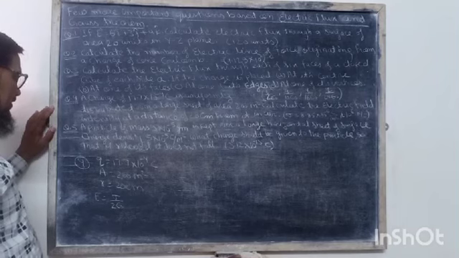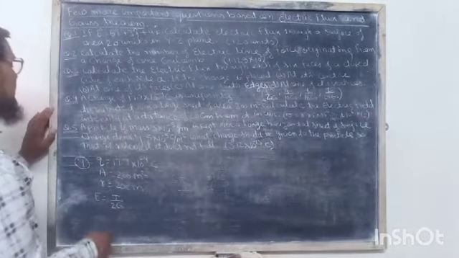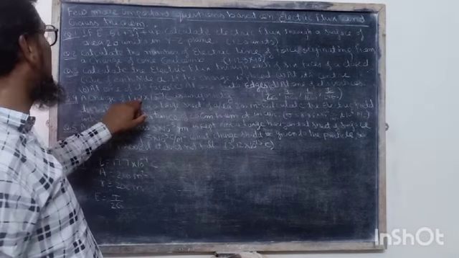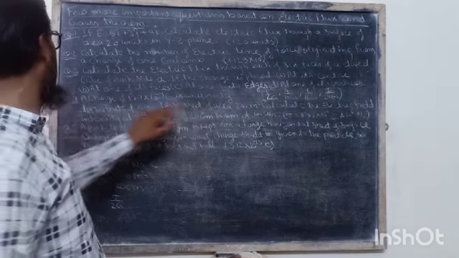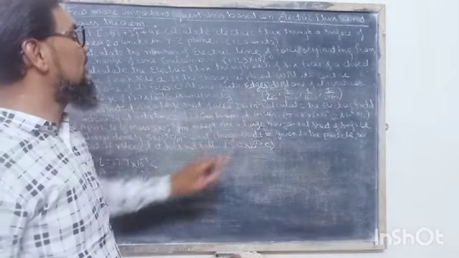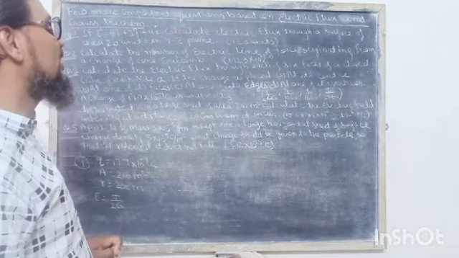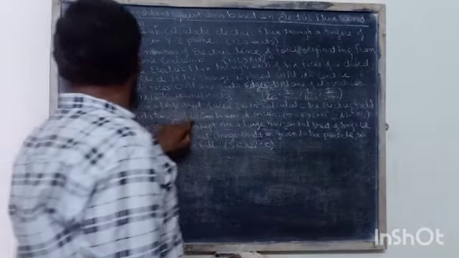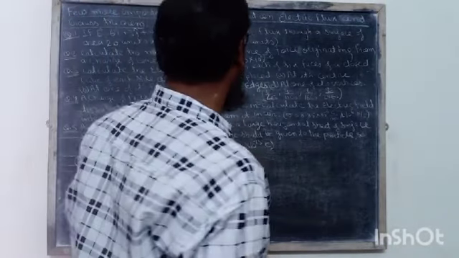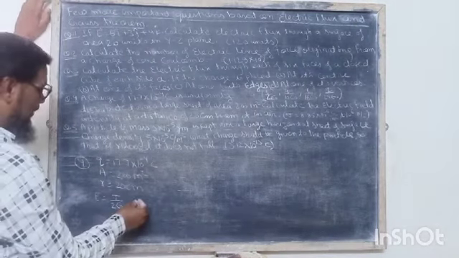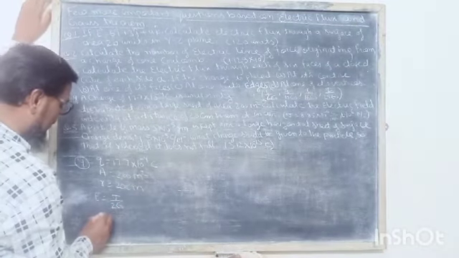For the sheet, this is the value of electric field intensity. A charge of 17.7 into 10 to the power minus 4 is uniformly distributed over a large sheet of area 200. Calculate the electric field intensity at a distance 20 centimeter from it in air. So we shall calculate the value of sigma.